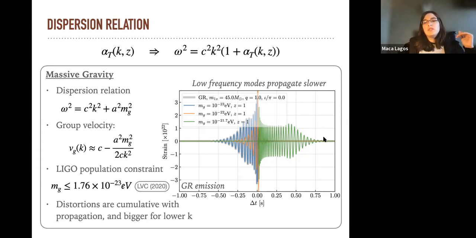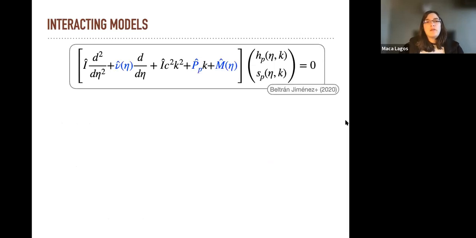And now we're going to get into what happens if you have interactions with additional fields, and we will find that modified dispersion relations are a common feature that you will end up seeing. So we're going to rewrite the propagation equation of gravitational waves, but now adding one extra field.